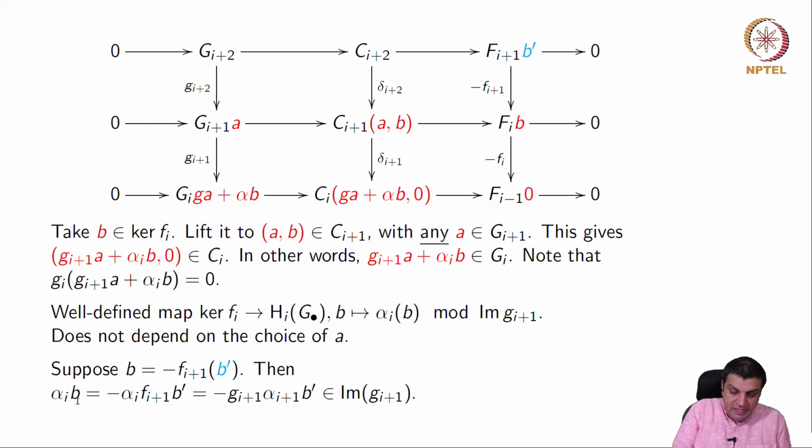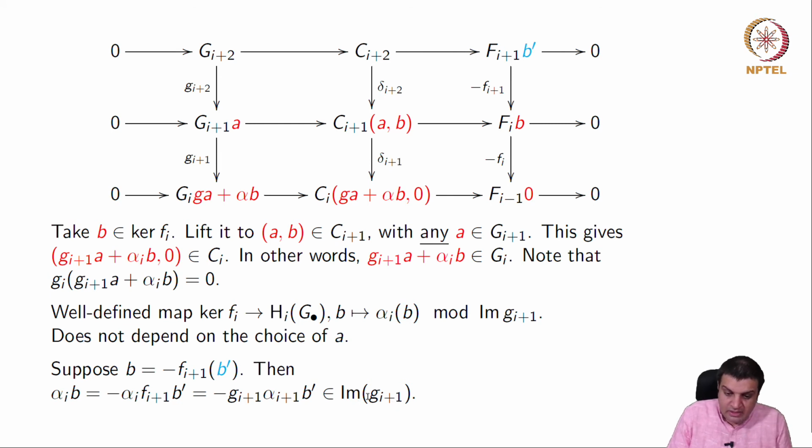Alpha I of B is minus alpha I Fi plus 1 of B prime, so this is just substituting this B prime. But alpha I Fi plus 1 is, using that thing here. So now one immediately sees that if B is in the image of this, then alpha I B is in the image of Gi plus 1.